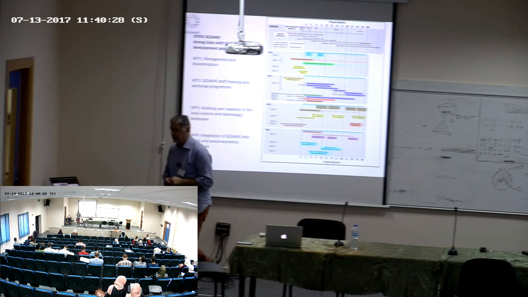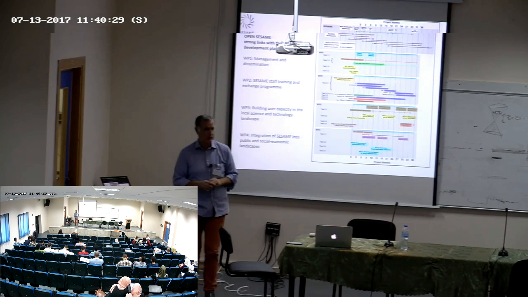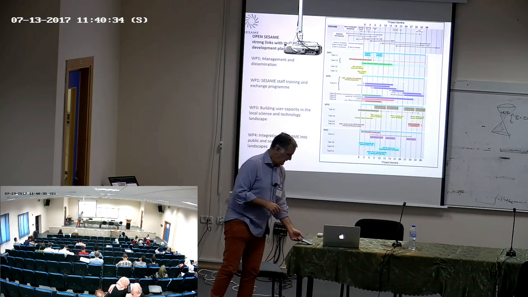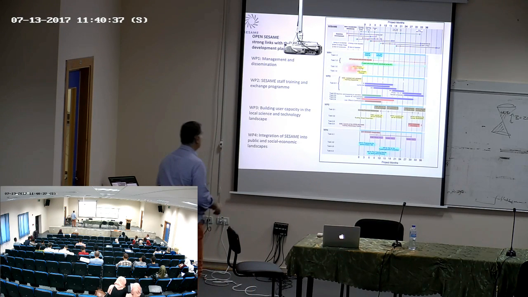We have also a number of thematic schools, which we're going to organize in the various Sesame members. The first school is going to be this autumn. It will be about cultural heritage.